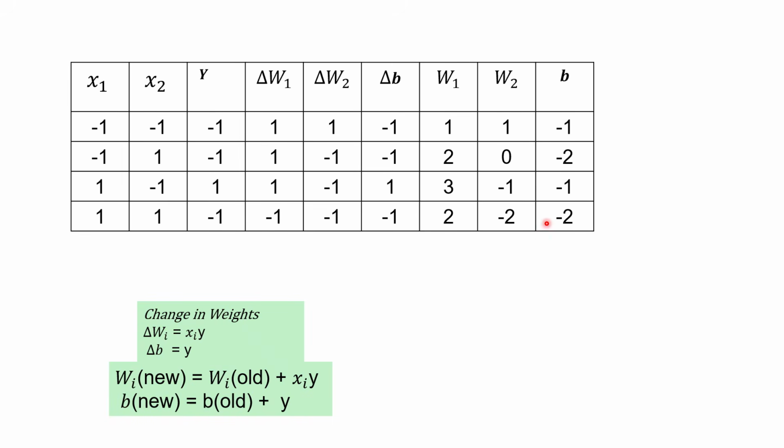W2 will be -1 plus -1, that is -2, and the updated bias will be -1 plus -1, that is -2. So the updated weights for AND NOT logic are 2, -2, -2.